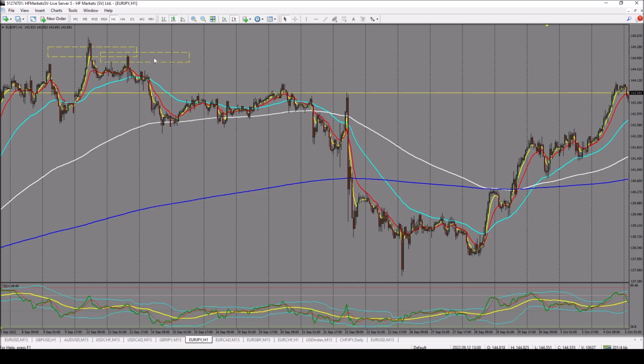Marking these points, we had this as a day of drop, and all this as consolidation. From consolidation, we had the second level, or the second impulsive drop, to this point, and then the last impulsive drop was issued to this point.